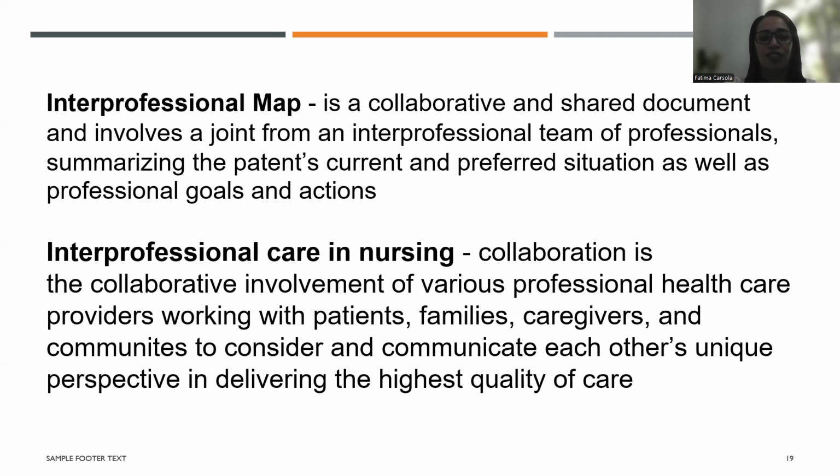Interprofessional care in nursing means collaboration of various professionals working with the patient and the families. For example, a pregnant patient might need a gynecologist, midwife, a nurse, a nutritionist, the diabetologist or an internist should there be complications. So meaning there are a lot of professionals who are managing the patient.